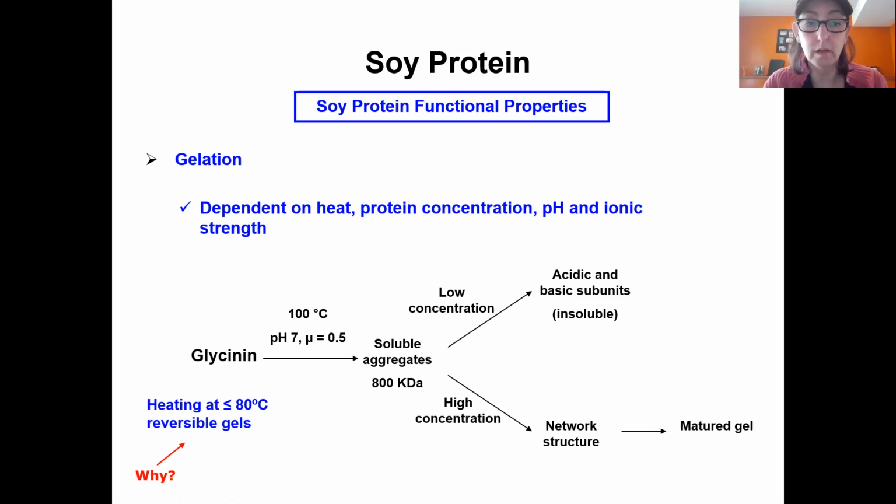So it is reversible. What happens is that at pH 7, at a particular ionic strength, a little bit over 100, we form our soluble aggregates.